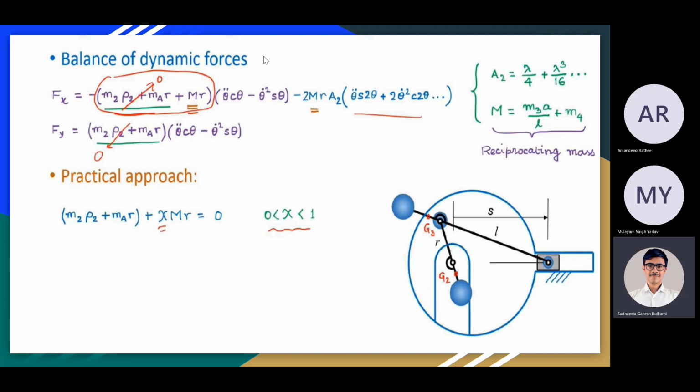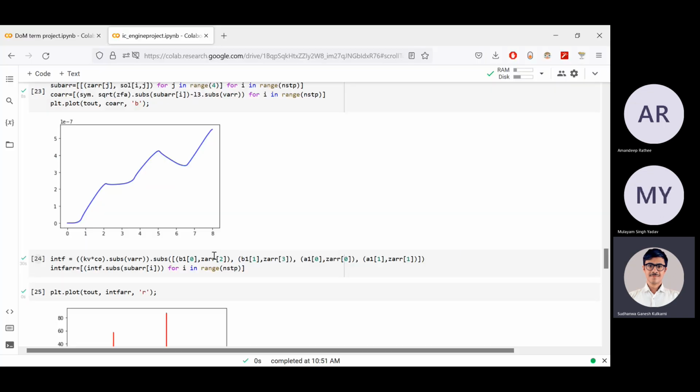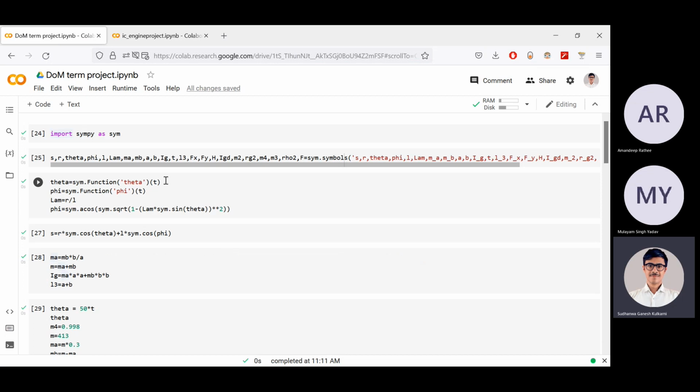Now let me show you what we have done in the coding part. We have also tried to code the same phenomenon in SymPy.